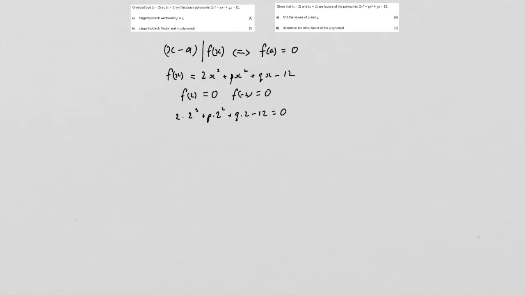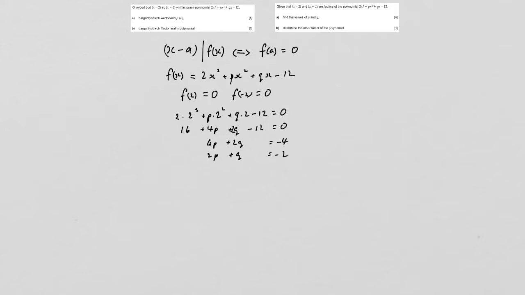So that gives us 16 plus 4p plus 2q minus 12 is 0, which gives us 4p plus 2q equals minus 4, and 2p plus q equals minus 2.